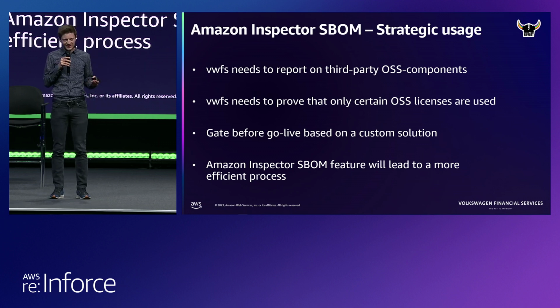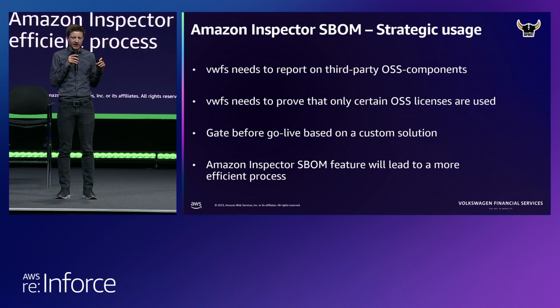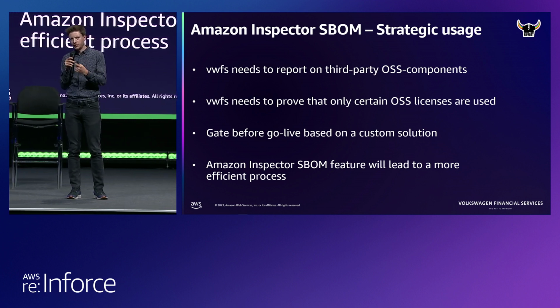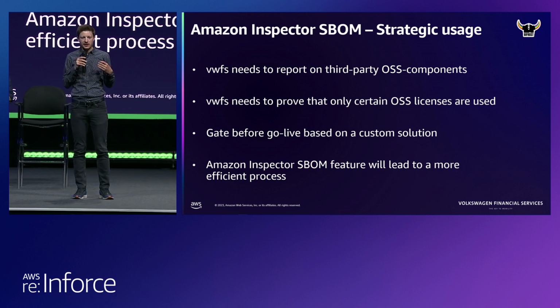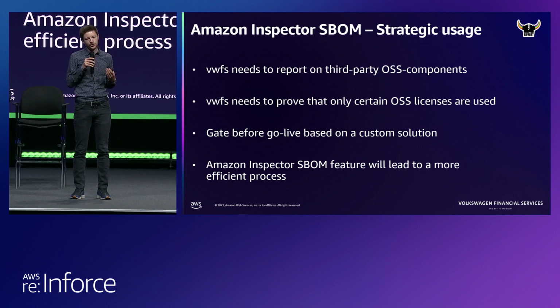The SBOM feature is the second thing we got access to in an early beta phase. And that will be, from a strategic point of view, a very important feature for us moving forward. The main reason is we need to report on third-party open source components.